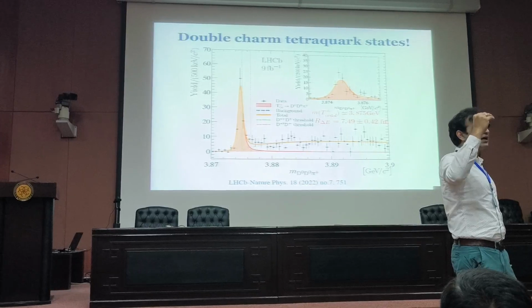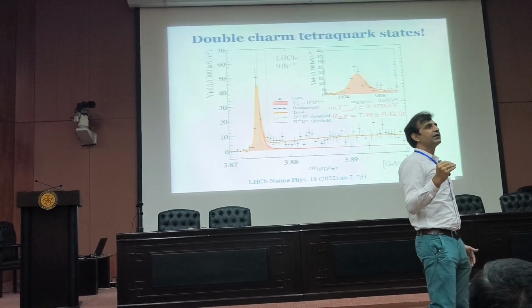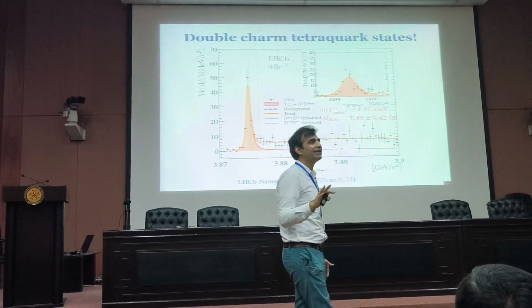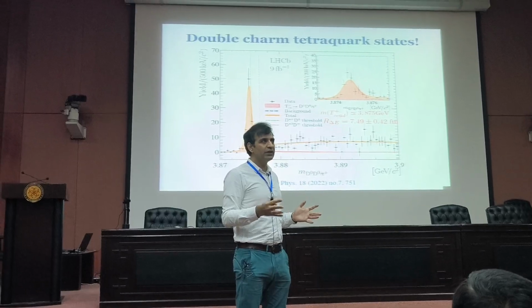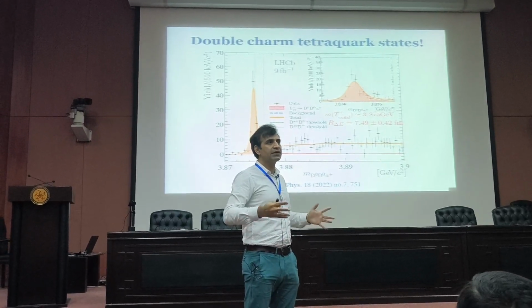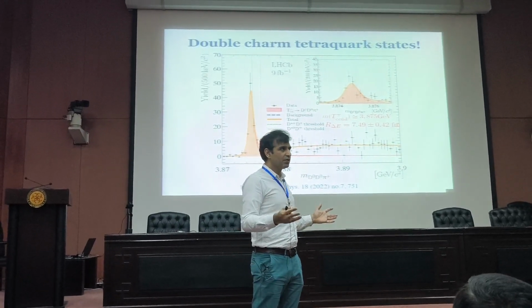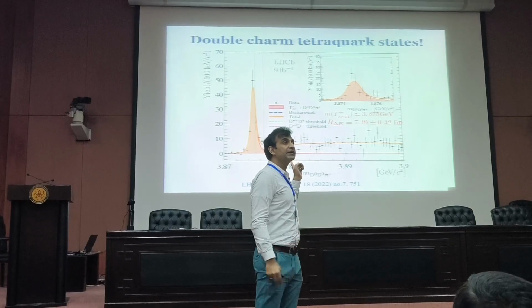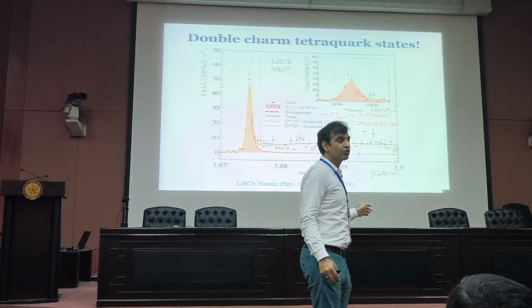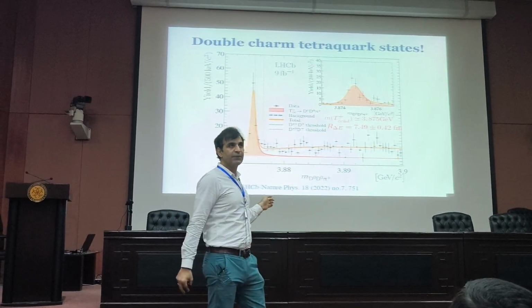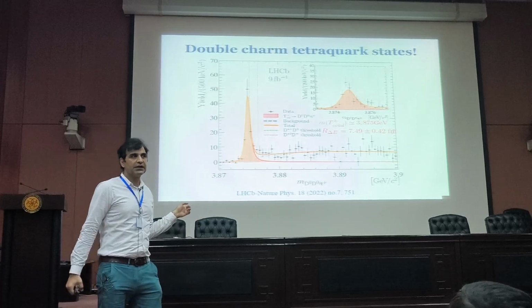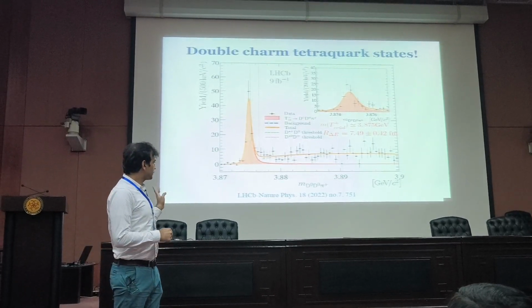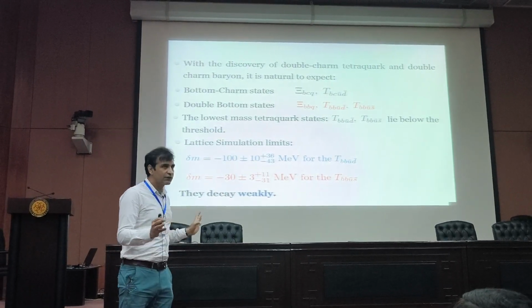If their masses are slightly lower than that, it means they cannot decay strongly, then they decay weakly. What are the weak decays? Weak decays do not conserve parity, charge conjugation, etc. So if their masses lie below the threshold of the respective D mesons, they decay weakly. That is the whole idea that we have considered.